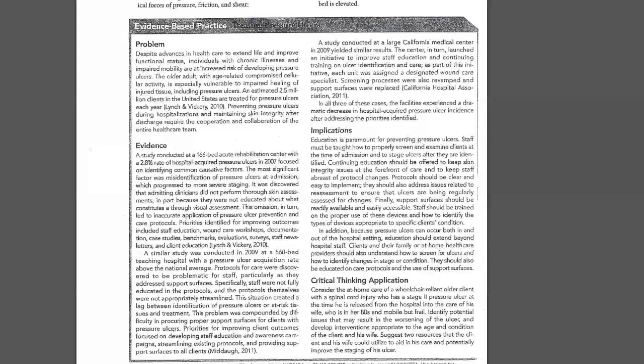The older adult with age-related compromised cellular activity is especially vulnerable to impaired healing of injured tissue, including pressure ulcers. An estimated 2.5 million clients in the United States are treated for pressure ulcers each year. And that's from 2010, and that was 10 years ago. So we know that those are probably much higher.